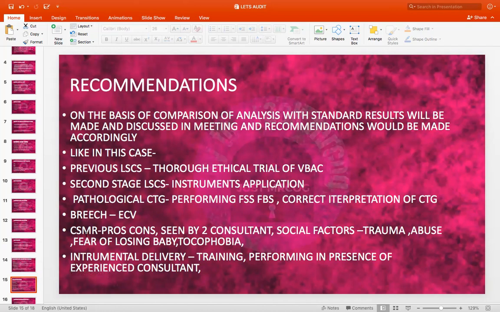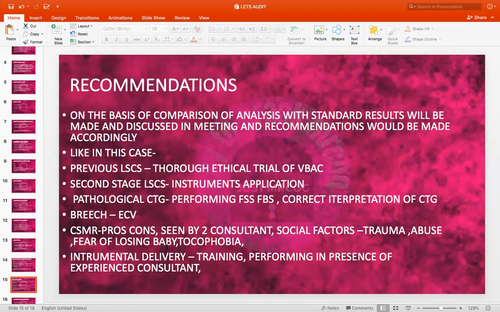For cesarean section on maternal request, we should tell her the pros and cons. It should be seen by or addressed by 2 consultants. We should always think about the social factor, whether there is any kind of trauma she is going through, any abuse she is going through, any fear of losing the baby. She might have lost her baby earlier. Tocophobia, that is the fear of childbirth.